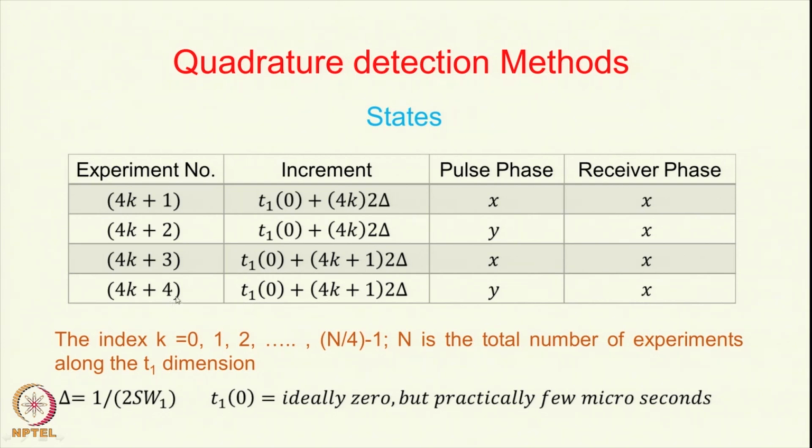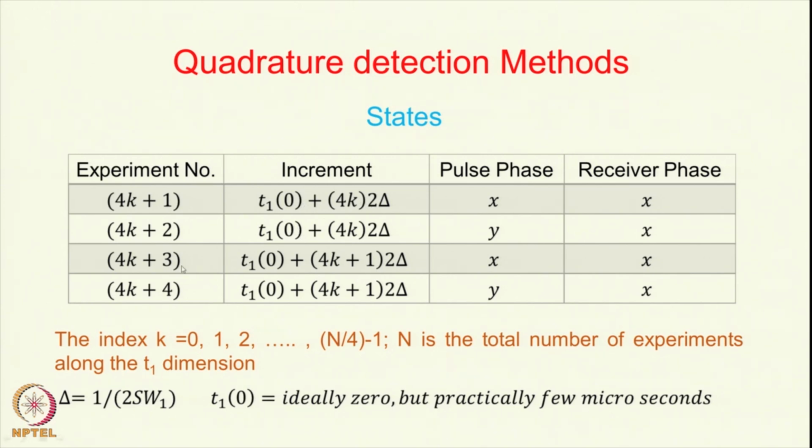For the fourth experiment the increment is the same 2 delta, but the phase of the pulse is shifted to y and the receiver phase is the same. So let me repeat, in these 4 experiments, for the first 2 experiments with k equal to 0, you have T10 as the increment, which is usually 0, but it can be small as I mentioned before.